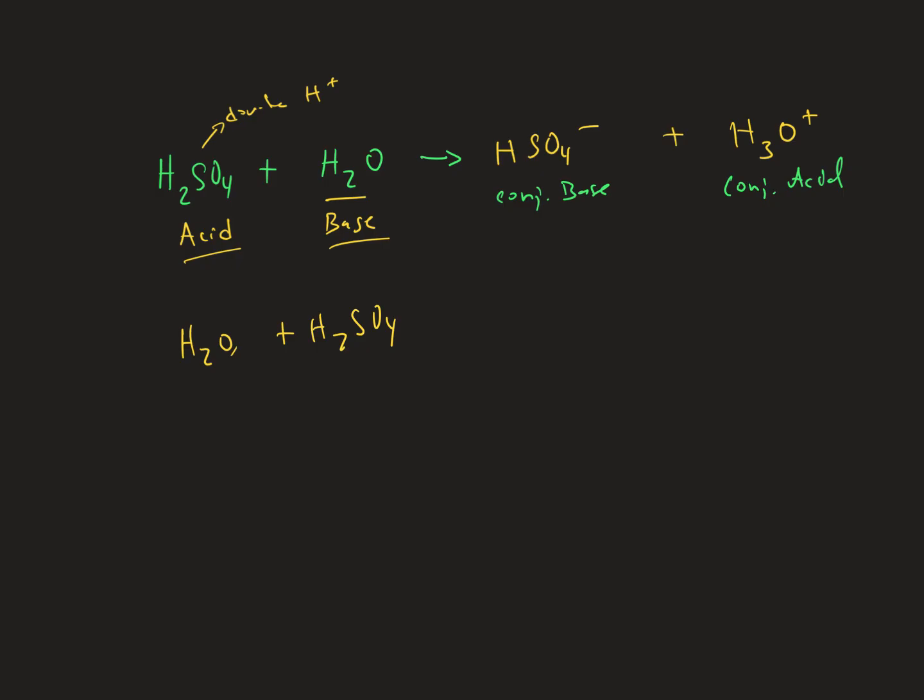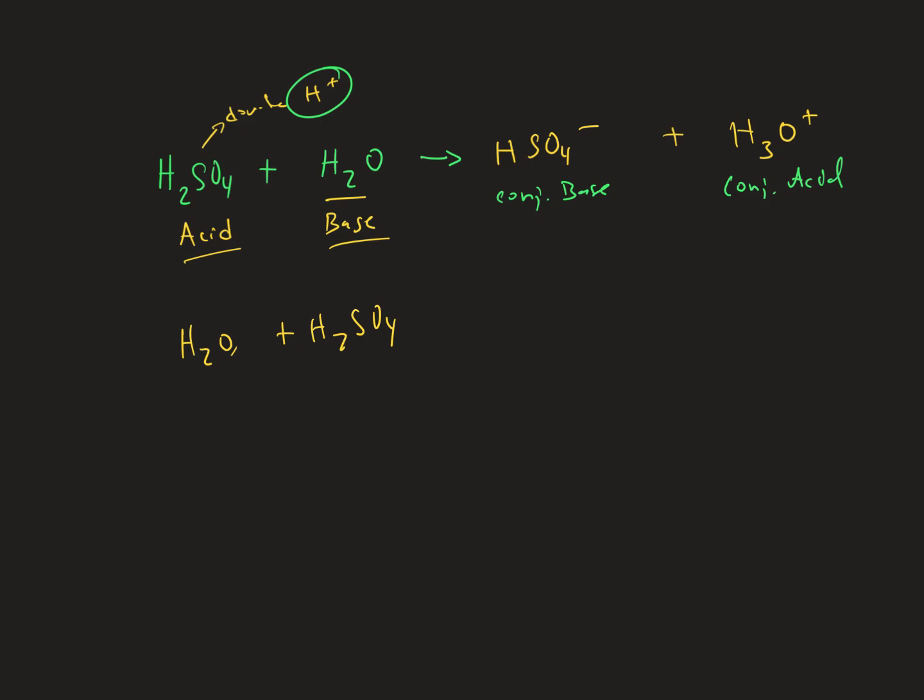Any questions on that? Explain again why, when H2SO4 donates a hydrogen, it loses a charge. Well, it's an H plus, so it loses an H plus, a positive charge.